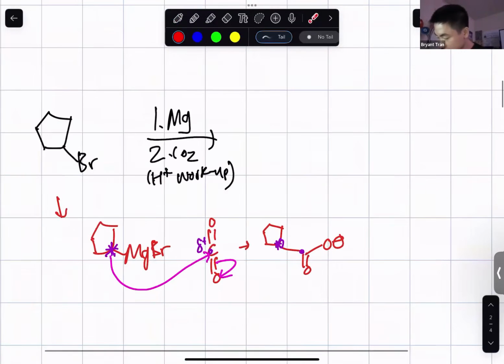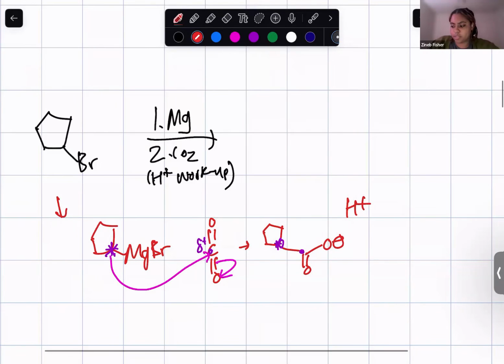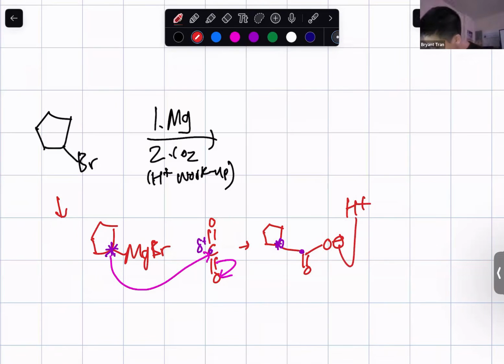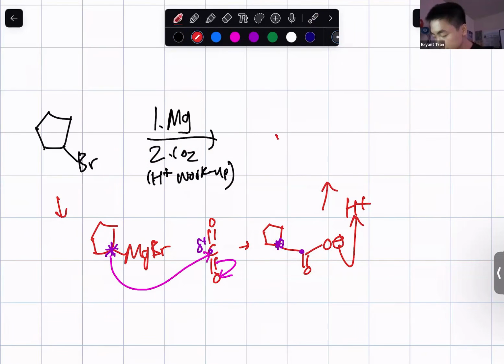Okay, nice. And then what would be the next step here? The negative charge on the oxygen would go to the hydrogen. Yep, it would get protonated by the acid that we have from the acid workup, H plus workup, leading to a neutral carboxylic acid like this.